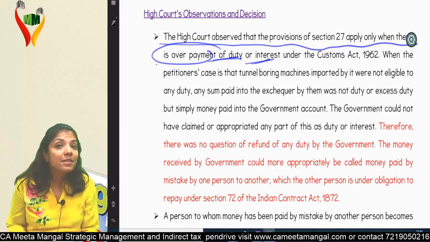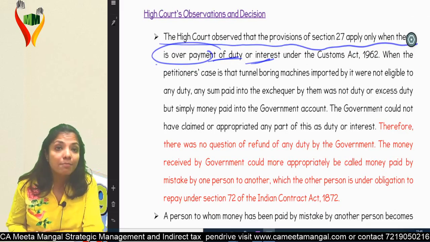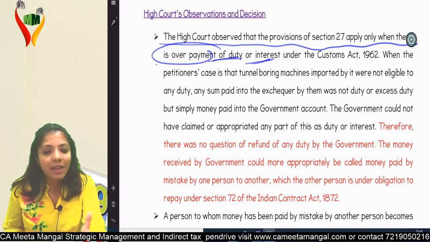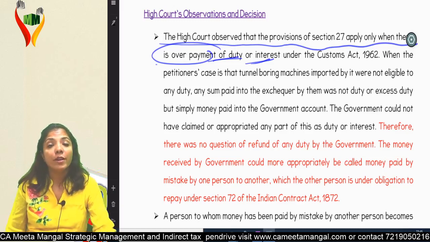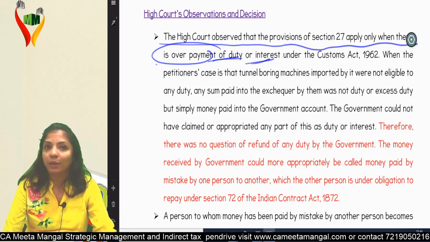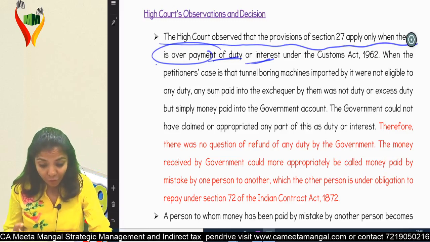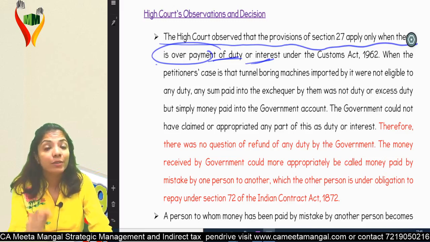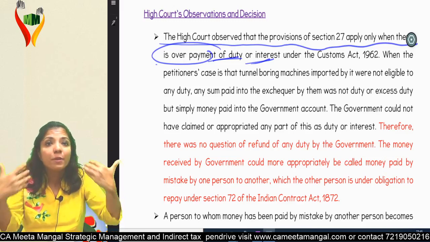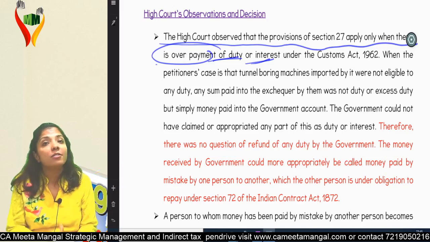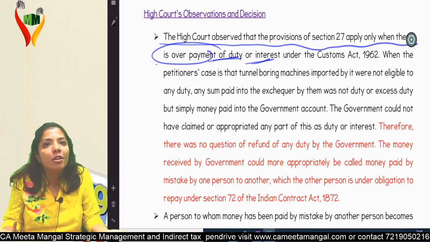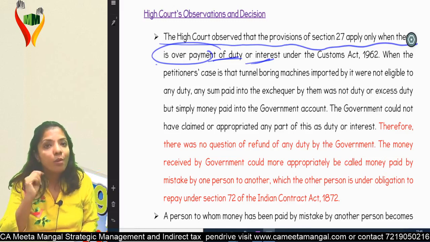Government themselves would not have claimed that this is my money, because the goods which I had imported were wholly exempted, and the government also cannot say, okay, you paid, so now it's not my money. No. Therefore, there was no question of refund of any duty. Refund does not come into the picture at all. And when refund does not come into the picture, then the 1 year limitation will also not come into the picture. How? Now let's go on.